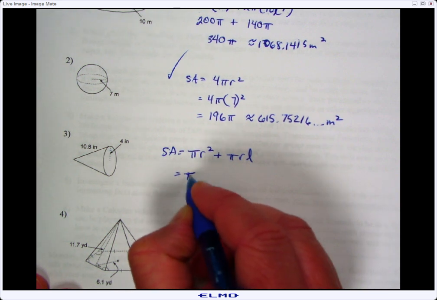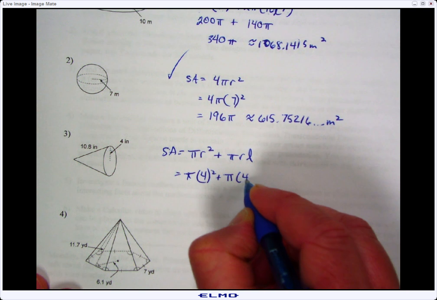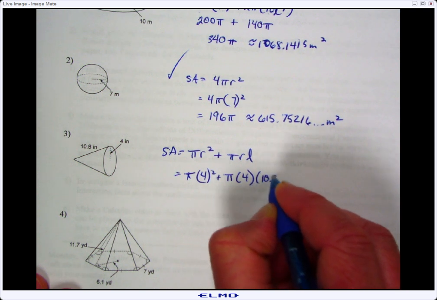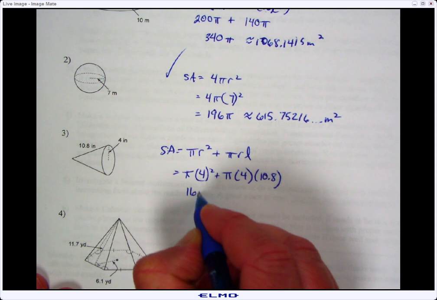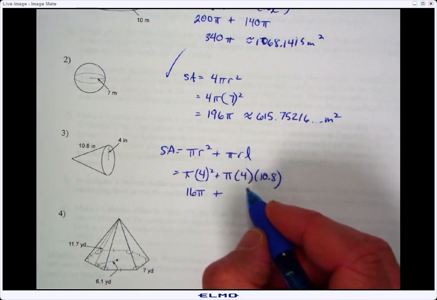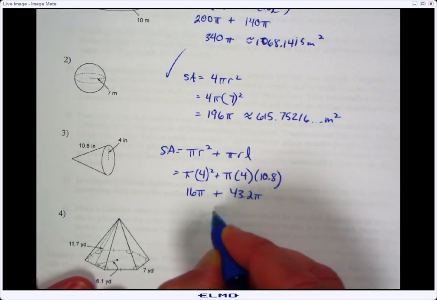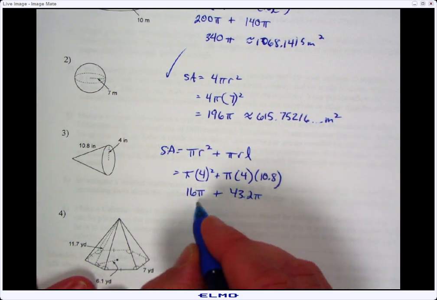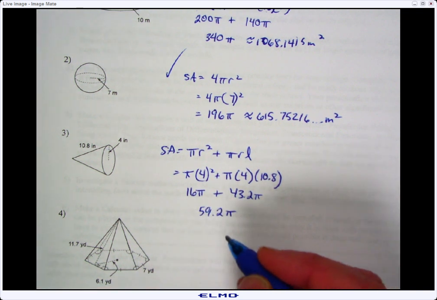Pi times 4 squared plus pi times 4 times 10.8. So when you simplify, you have 16 pi. Take 4 times 10.8, 43.2 pi. So that is 59.2 pi. Again, get it in terms of pi before you simplify.